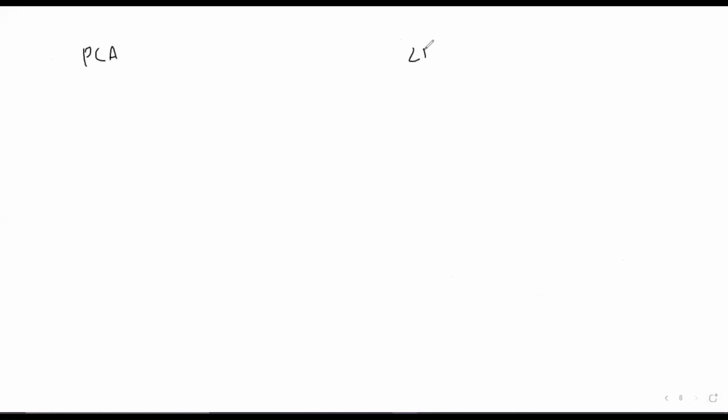PCA, LDA. This is unsupervised, and this is supervised. PCA reduces the number of dimensions by finding maximum variance.